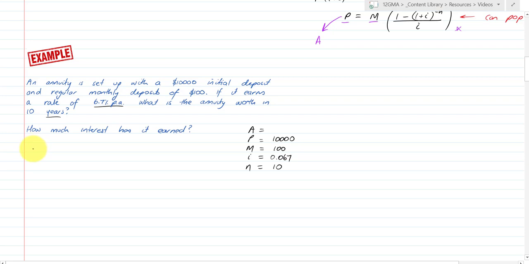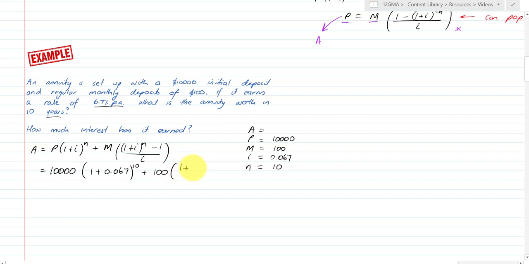So I'm going to use the formula A equals P(1 plus I) to the power of N, plus, because I'm depositing, M times ((1 plus I) to the power of N minus 1) over I. I'm going to substitute into that formula based on what I know: $10,000 times (1 plus 0.067) to the power of 10, plus M, which is 100, times ((1 plus 0.067) to the power of 10 minus 1) over 0.067.